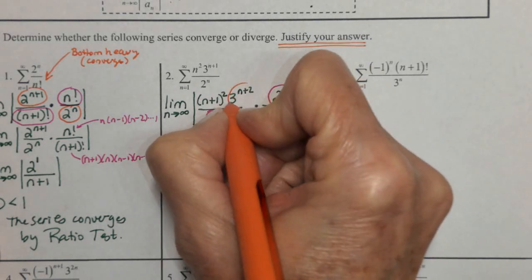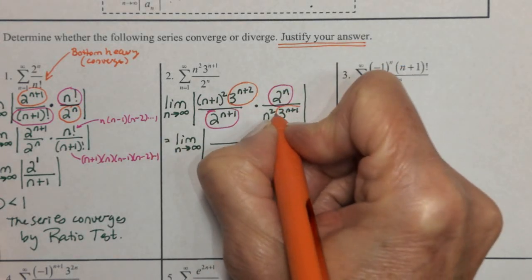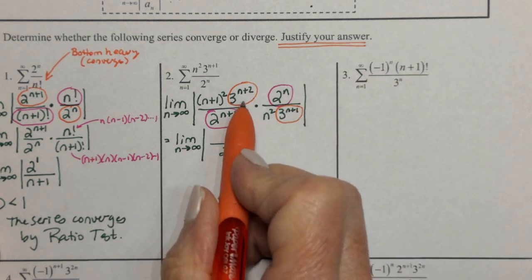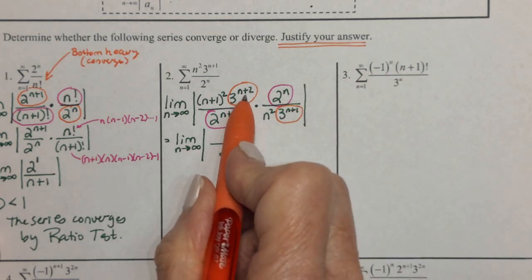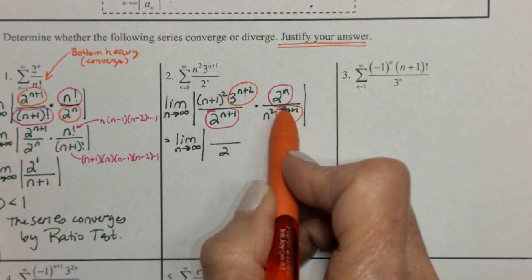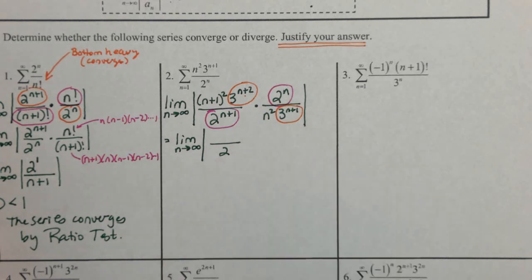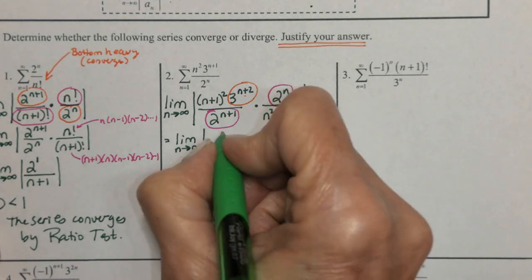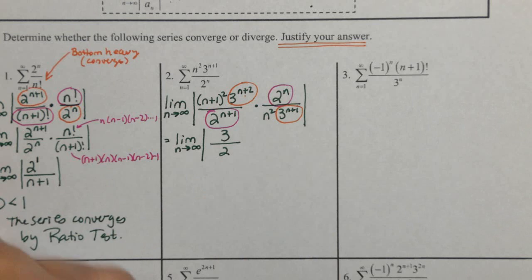We have 3 to the n plus 2 divided by 3 to the n plus 1. The bigger one is on top, so I know I'm going to have a 3 on the top. How many 3's? We have n plus 1 minus n minus 1. That leaves a single 3 up on top.